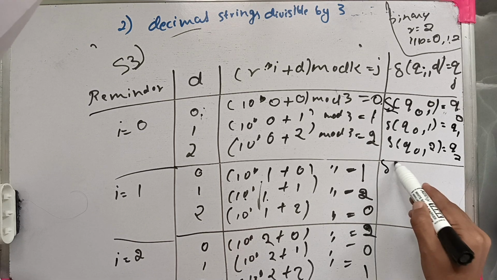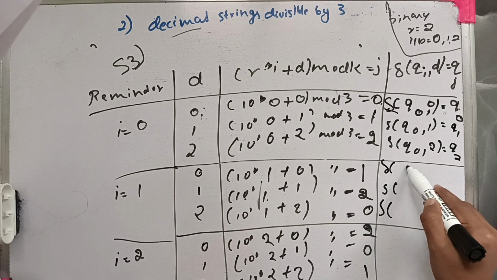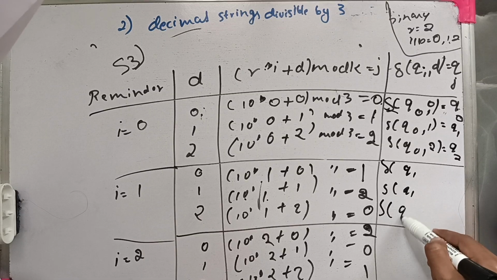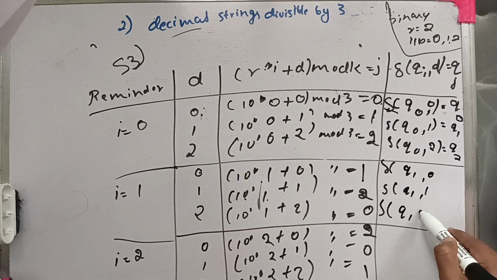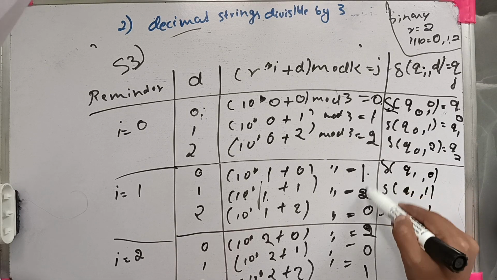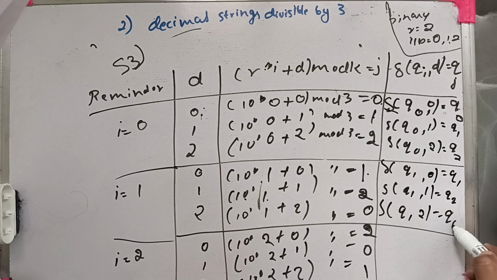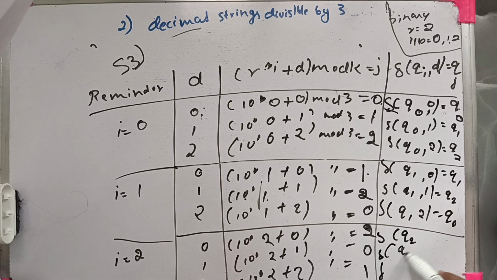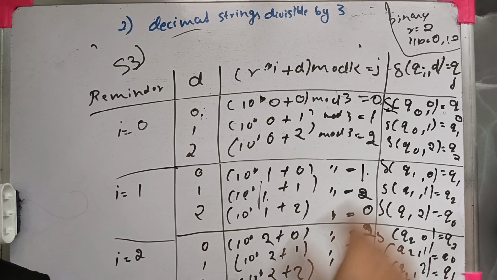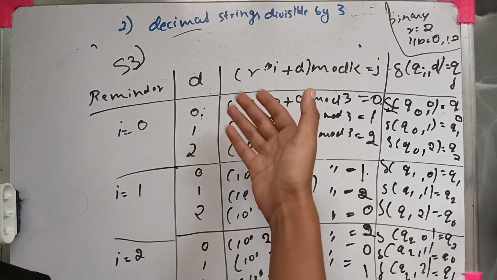Next here Q1, Q1, Q1 from 0, 1, 2 and the output is Q1, Q2, Q1, Q2, Q0. Here is Q2, 0, 1, 2, Q2, Q0, Q1. And for this table we need to write the diagram.